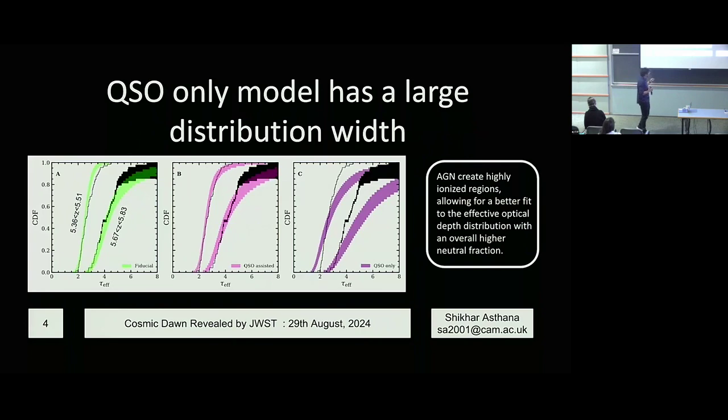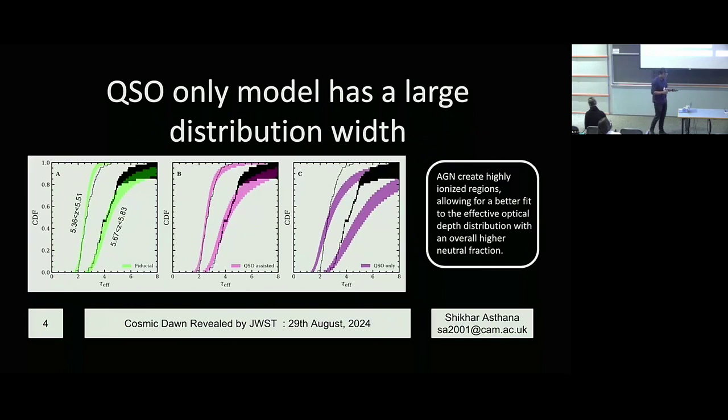If you turn AGNs on, you end up getting a better fit. This is because AGNs are so good at ionizing the cells they're in, so you have the potential of getting larger variation in the neutral and ionized regions. But it goes in the wrong direction if you just have AGNs. You get too wide a distribution, so it doesn't fit at all.